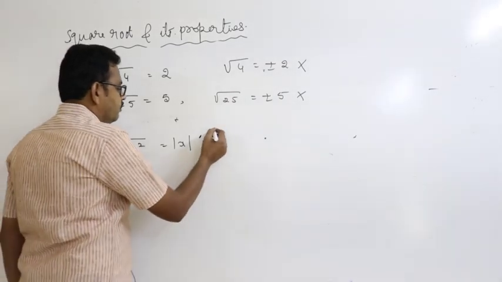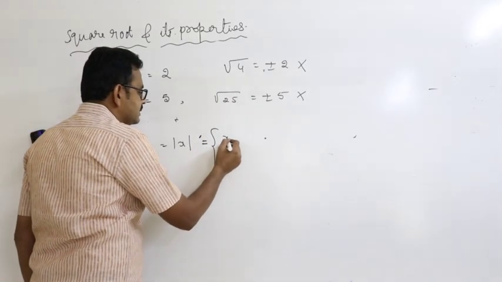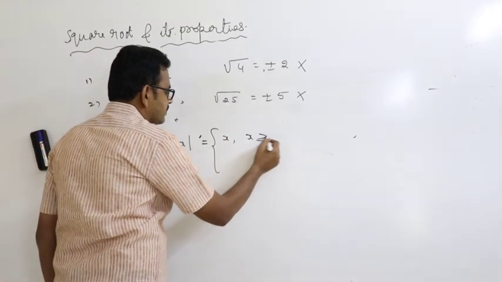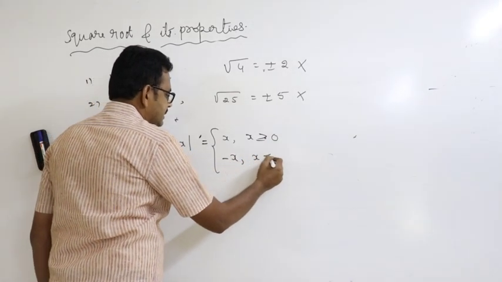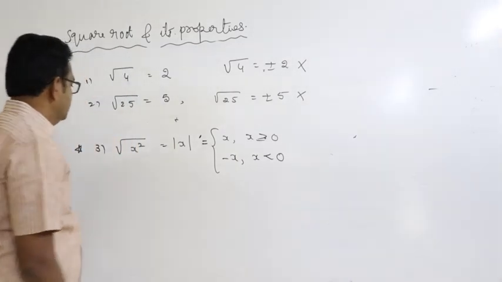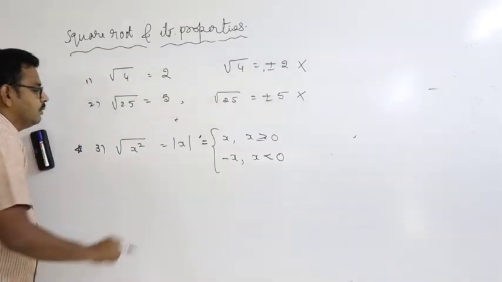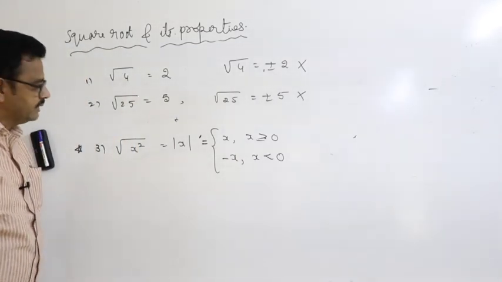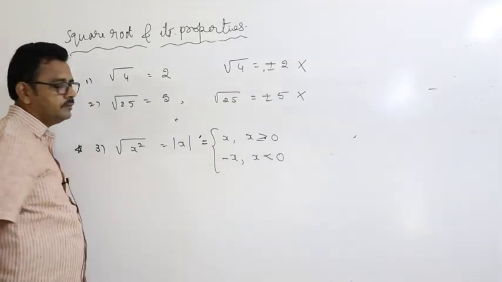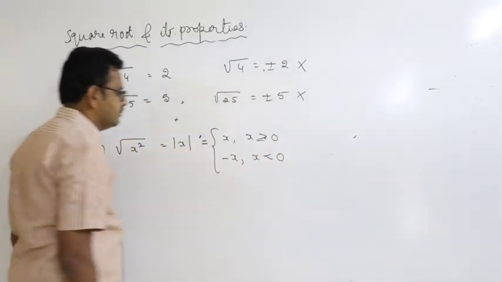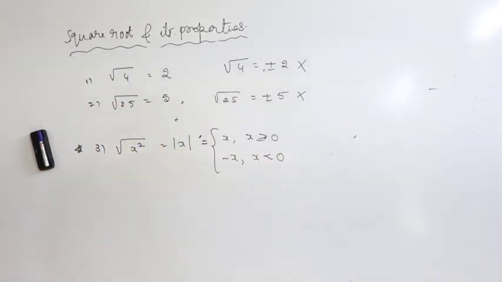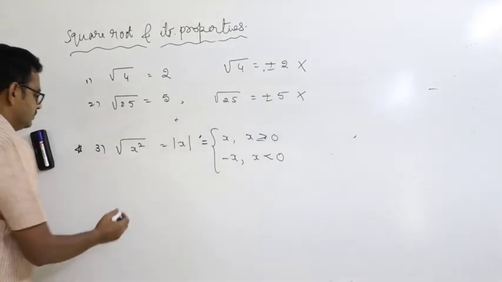Mod x is equal to plus x if x is greater than or equal to 0, and mod x is equal to minus x if x is less than 0. So root of x square is mod x.